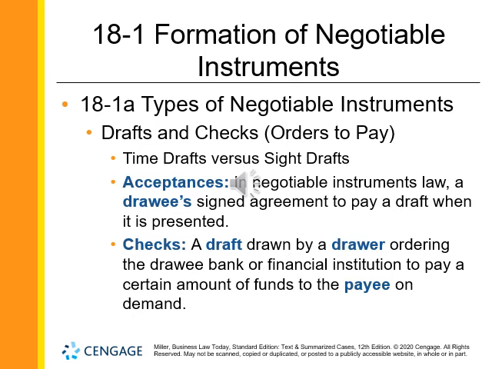A time draft is payable at a definite future time, whereas a sight draft is payable when it is presented. An acceptance is a drawee's written promise to pay the draft when due or on presentment. A drawee that has so bound itself is an acceptor. Now, as we just noted, typically the drawee is a bank.